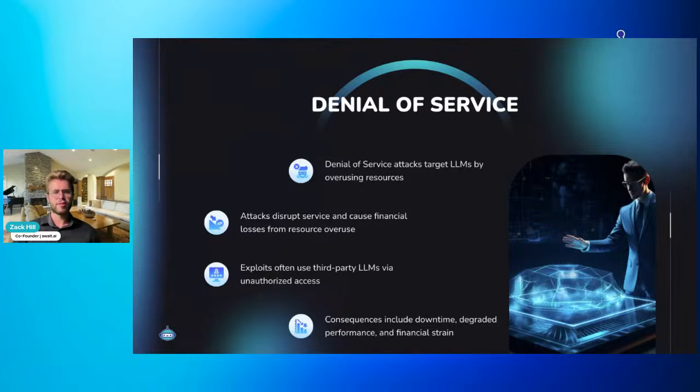Attackers often exploit these vulnerabilities by accessing third-party LLMs like OpenAI's GPT through a jailbroken interface, using the victim's application as an unauthorized bridge to these services. Consequences of these attacks include downtime that leaves users without service, degraded performance resulting in slower response times, and inefficiency and financial strain from unexpected operational costs.